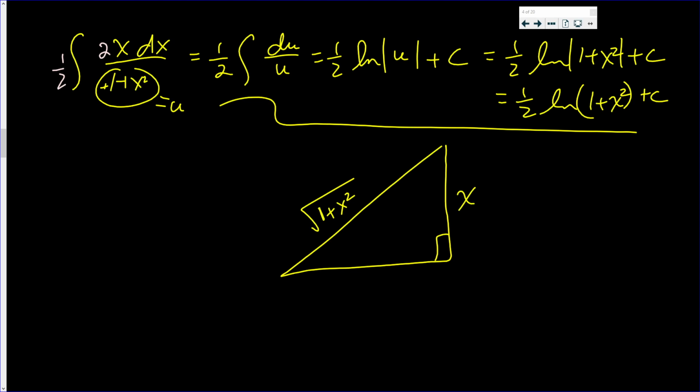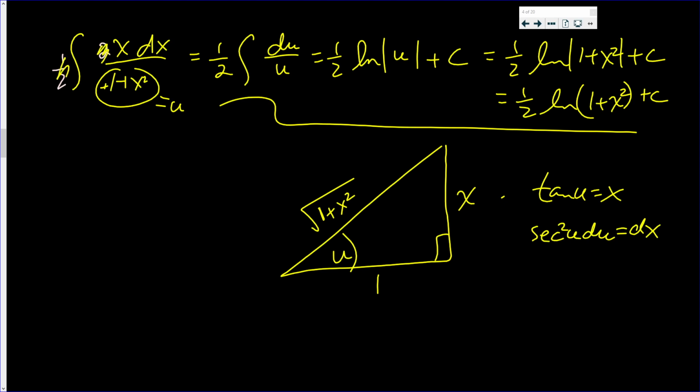And 1 squared, put the 1 here. Call the angle u. Well then, the tangent of u is x over 1. Which is good. We like that, because then you can easily get dx. Secant squared u du, that's dx.